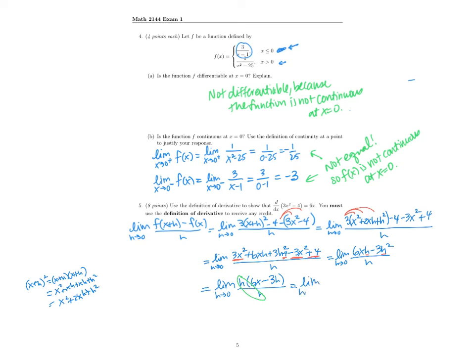That's the limit as h goes to 0 of 6x minus 3h. And then now I can go ahead and take that limit because now that I got rid of that h in the denominator, this function is now continuous at 0. So I can go ahead and plug in 0 for h, and basically I'll get 6x minus 3 times 0, which is 6x.